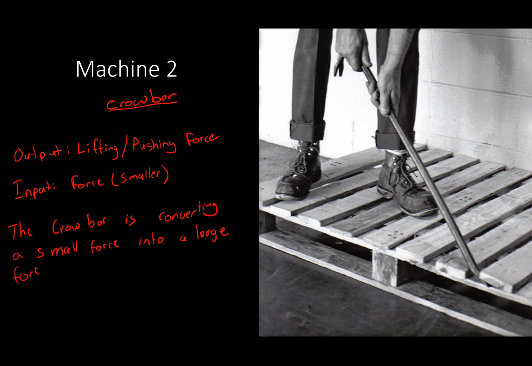Now, it turns out that that won't be infinite. There is a cost to doing it, I guess is the better way to put it. But that is basically what the crowbar is doing, and it turns out that is what a lot of our early simple machines are going to be doing. Okay.